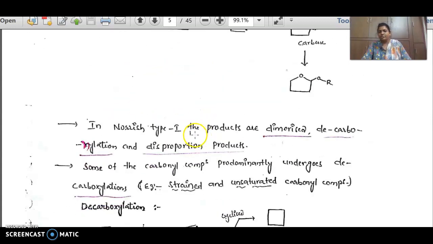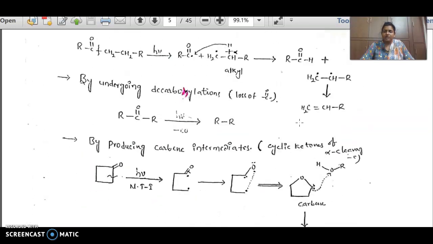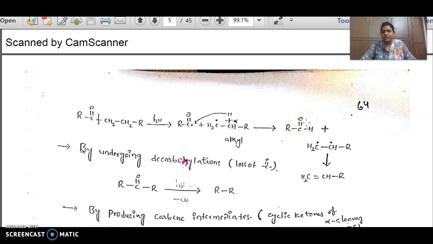In Norrish type 1, the products are dimerized, decarbonylation and disproportionation products. Sometimes Norrish type 1 dimerized products will also be there, because alkyl radicals are formed and they are dimerized. For example, here we'll get an RCH CH2 radical.